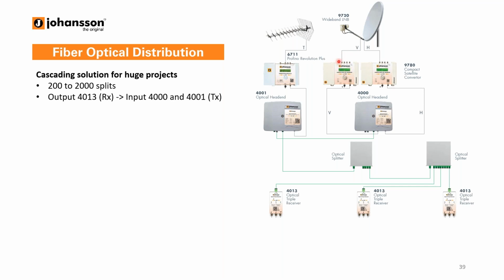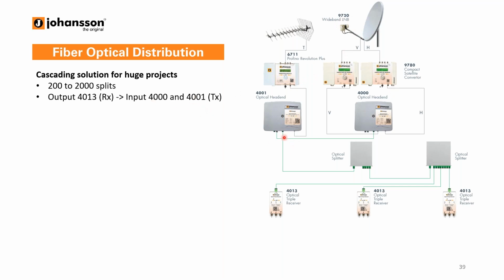The bandwidth of the unit is just enough to handle the frequencies or the transponders coming from a single polarity. So for each polarity, you need a second unit. So for huge installations, we recommend to use this product, because these give you the best output independent of what the signal quality is at the input.